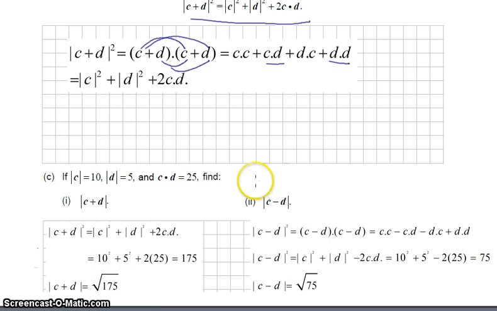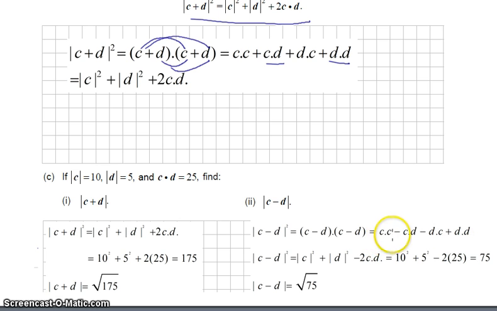Now we can make use of a similar concept to find the square of the modulus of C minus D, and it has to be equal to C minus D dot C minus D, and we obtain the result here.